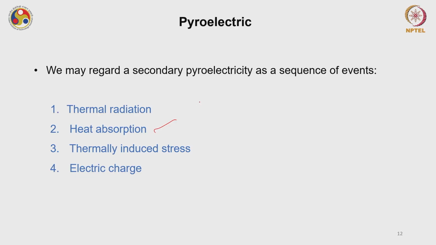Because of this thermal expansion there is an induced stress, and when there is an induced stress there is a change in dipole orientation. Because of that, an electric charge is generated, and in turn you get voltage. So, the sequence is thermal radiation, heat absorption, thermally induced stress and electric charge generation, and at the last, voltage generation. That is the ultimate aim.